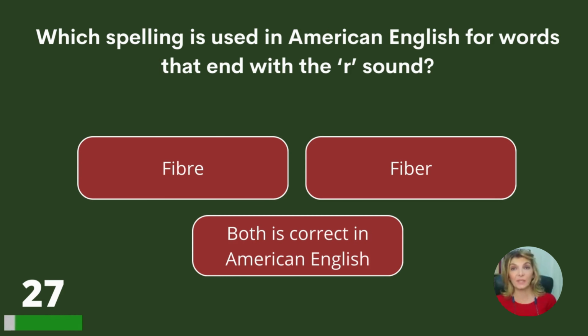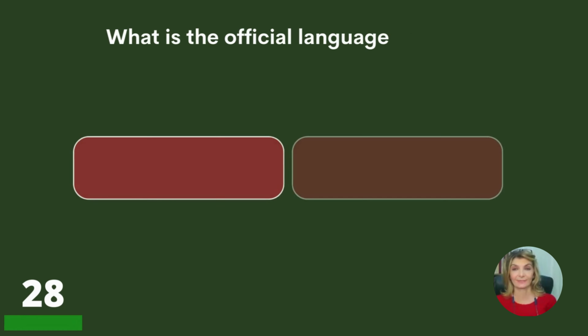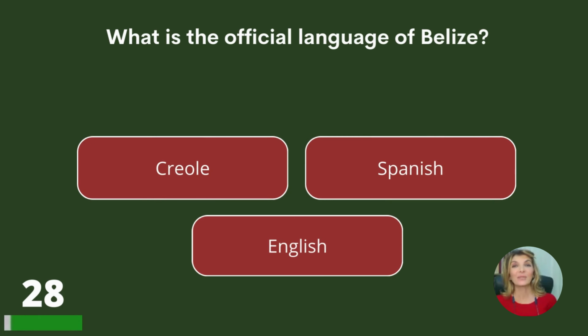Which spelling is used in American English for words that end with the R sound? Fiber, R-E, fiber, E-R, or both are correct in American English? Fiber, E-R. What is the official language of Belize? Creole, Spanish, or English?